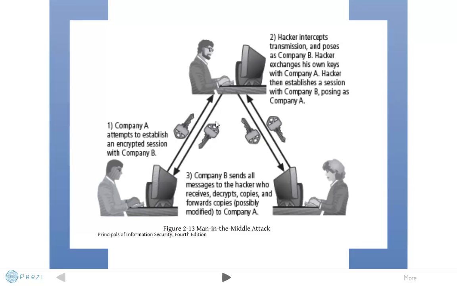Load balancers. Load balancers do man-in-the-middle attack on purpose. Okay? What they do is, let's say that you have an SSL certificate on the server, and then the workstation is trying to talk to you. Well, as the workstation talks, the load balancer has the certificates on it as well.